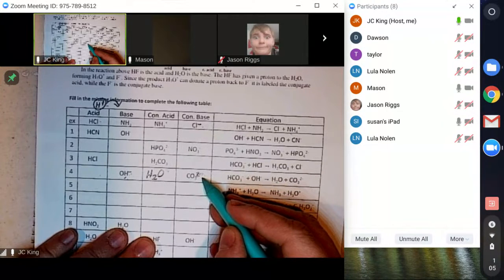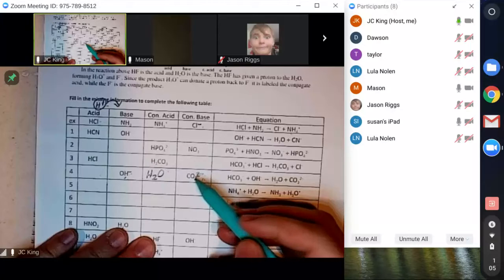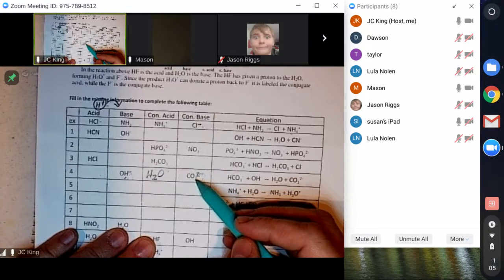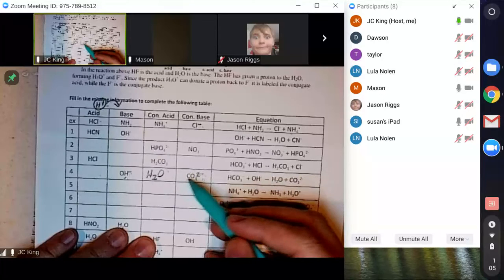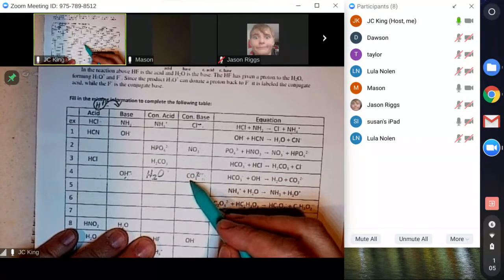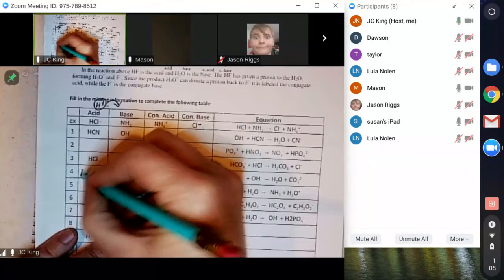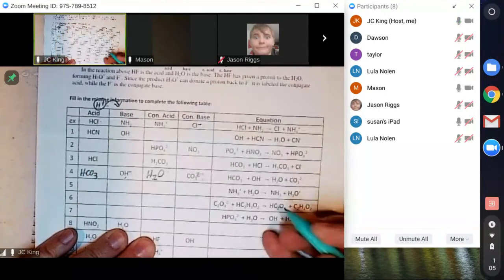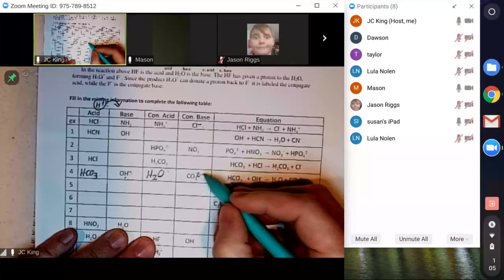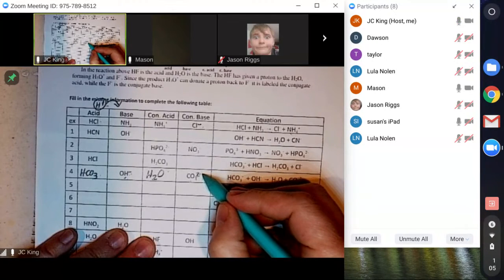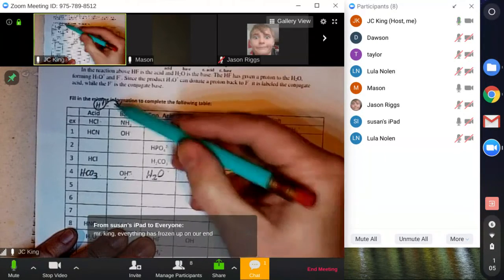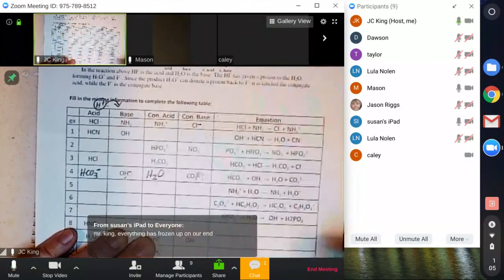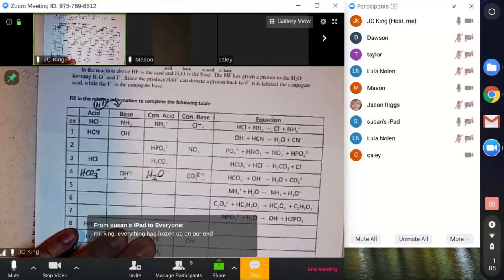So if we were to go back in time and imagine this guy before he threw a proton away, it would be like adding a hydrogen to the front of that, and it would be HCO3. And instead of having a charge of 2 negatives, if we were to go back in time and add a positive back to it, then it's just going to have a charge of 1 negative. Okay.